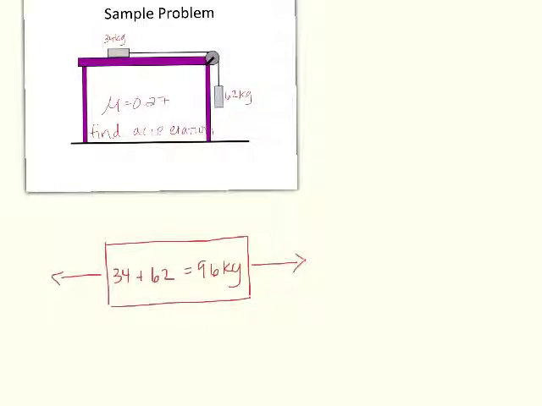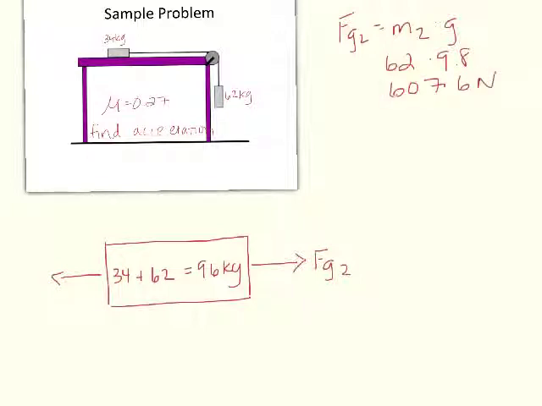We know the force here has to be Fg2, so let's find Fg2. That's going to be Fg2 equals m2 times gravity, or it'll be 62 times 9.8, which gives you 607.6 newtons.